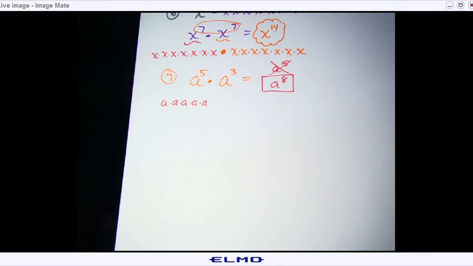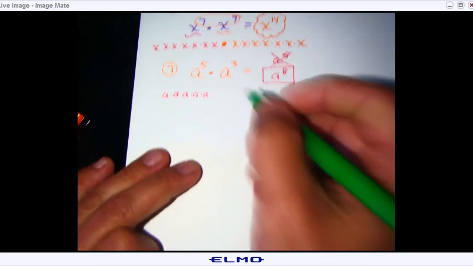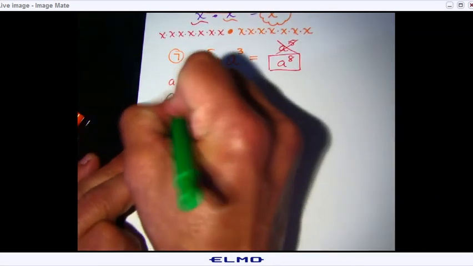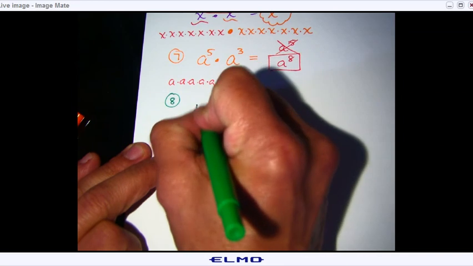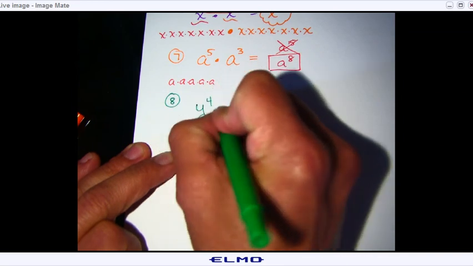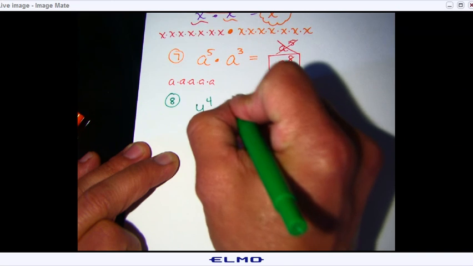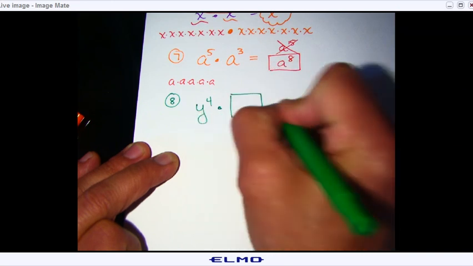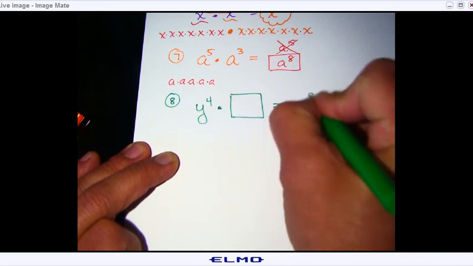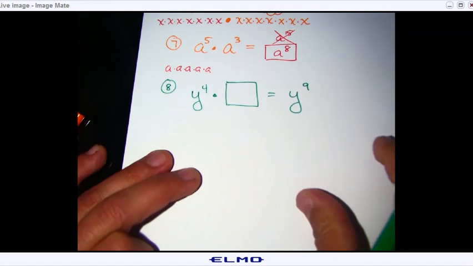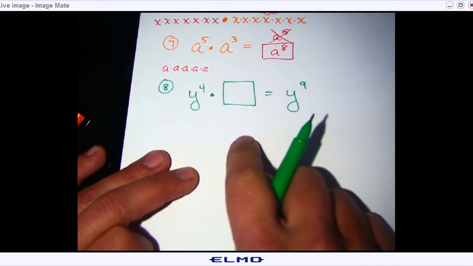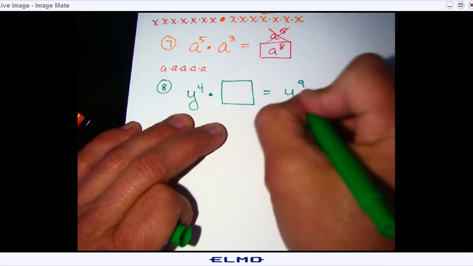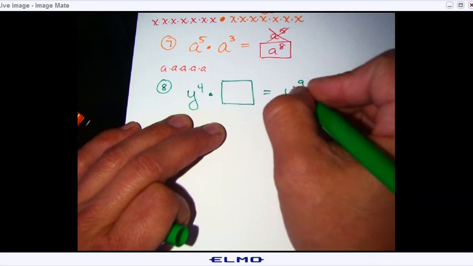Nice, nice. So now, what happens if I have this? y to the 4th times what will give me y to the ninth? Y to the fourth times what will give me y to the ninth?